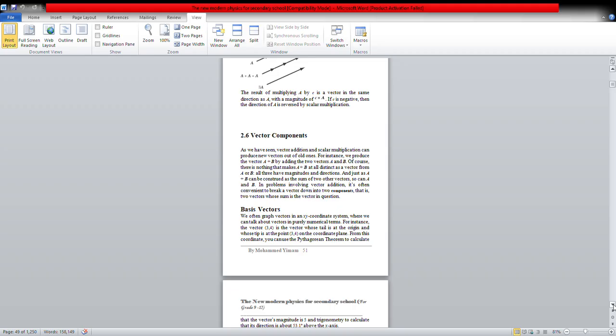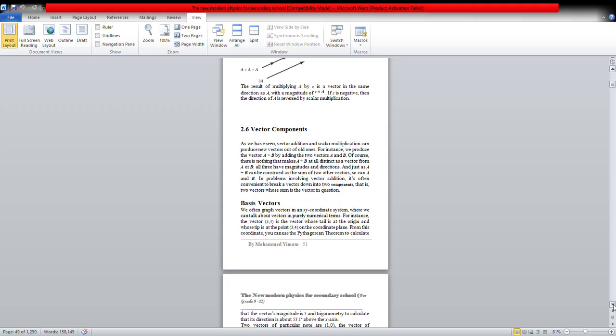All three have magnitude and direction, and just as a plus b can be constructed as the sum of the two other vectors, so can a and b. In problems involving vector addition, it is often convenient to break a vector down into components, that is, two vectors whose sum is the vector in question.